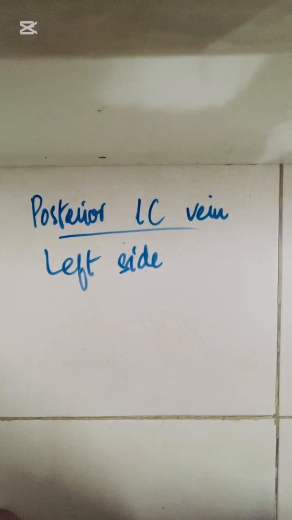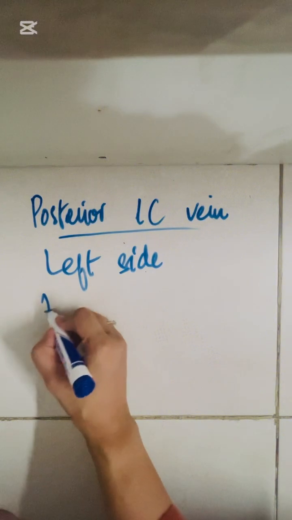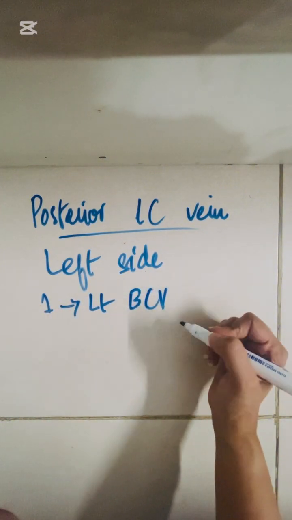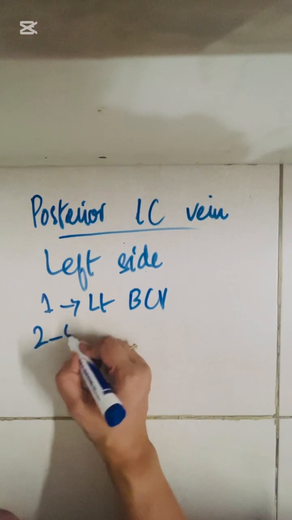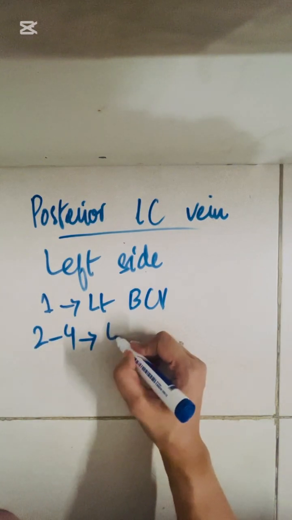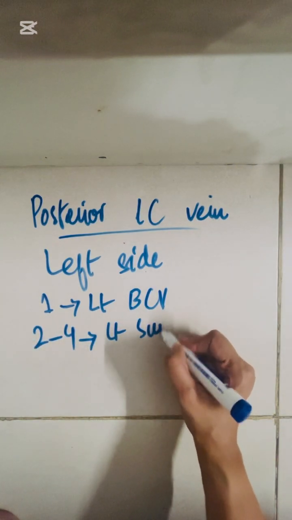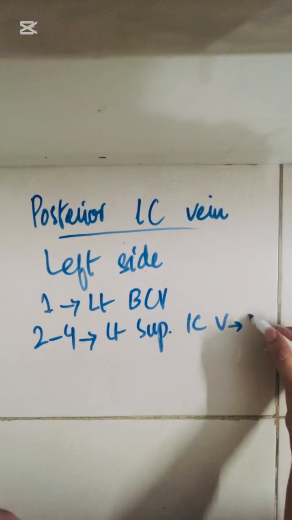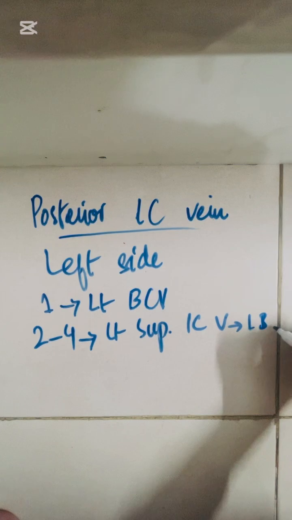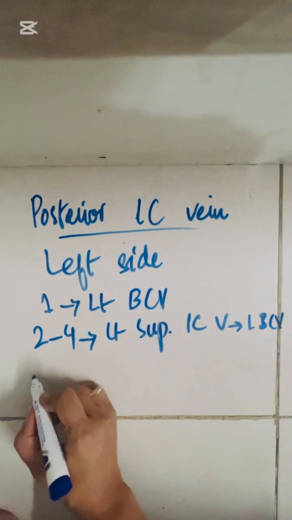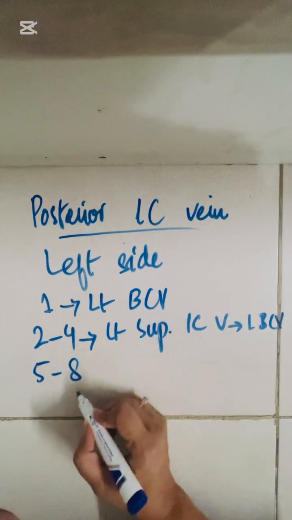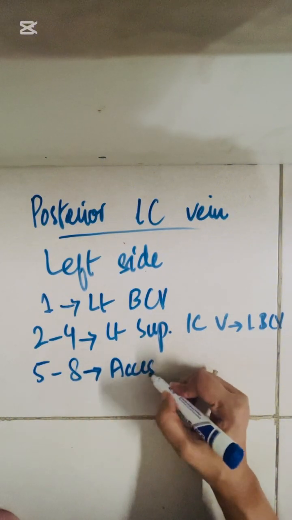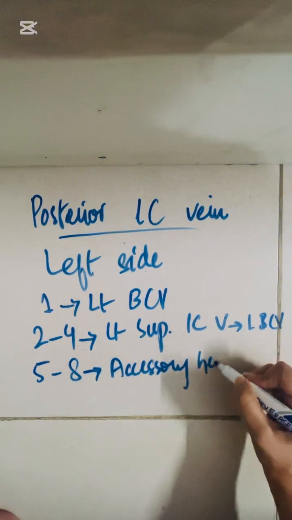On the left side, the posterior intercostal vein number 1 drains into the left brachiocephalic vein. 2 to 4 drain into the left superior intercostal vein, which drains into the left brachiocephalic vein. 5 to 8 posterior intercostal veins on the left side drain into the accessory hemiazygous vein.